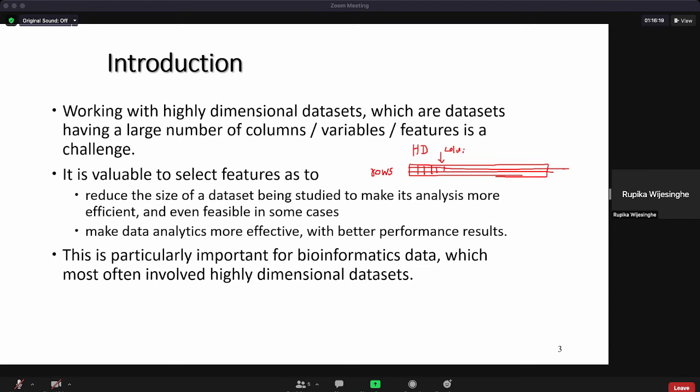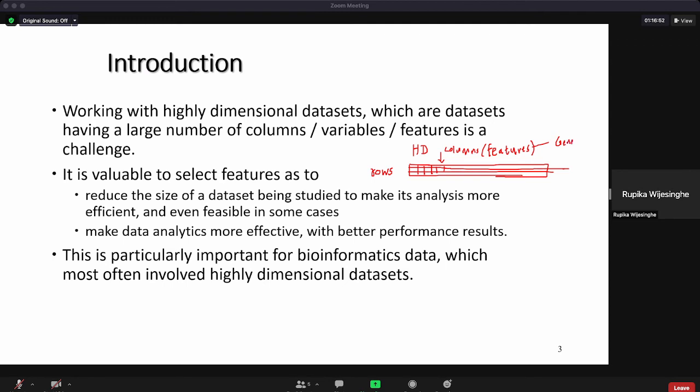This kind of data set, columns, we call these features. So features here, in human gene expression data, or any gene expression data, we say features are genes.